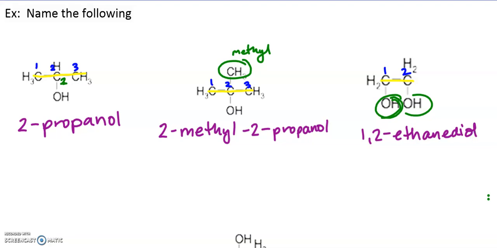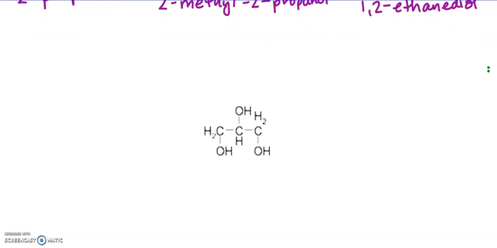All right, so let's do one more polyalcohol like that. Here we have 3 carbons, so we've got propane. We've got 3 different hydroxyls, 1 on each carbon, and they're numbered 1, 2, and 3.